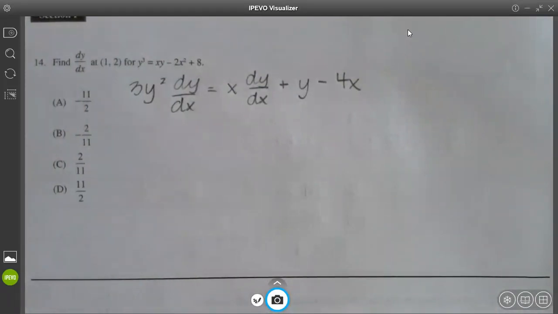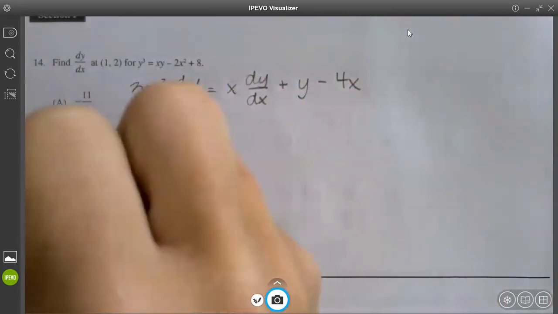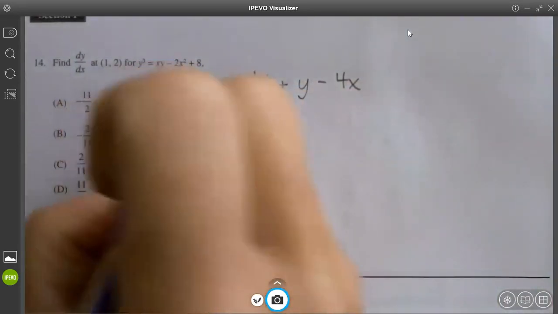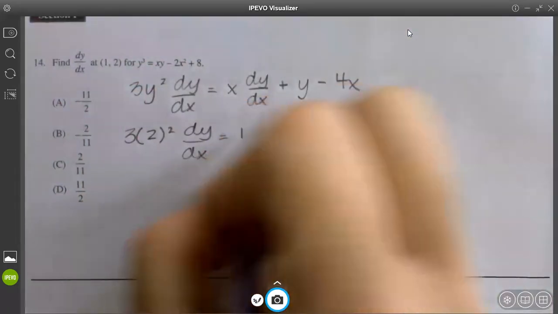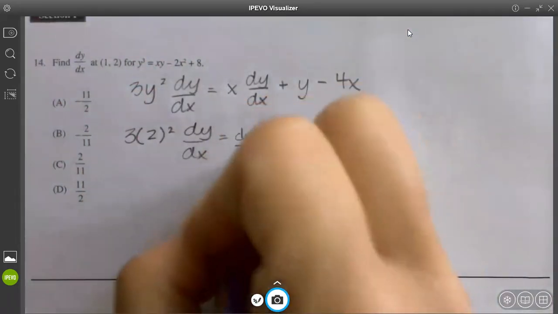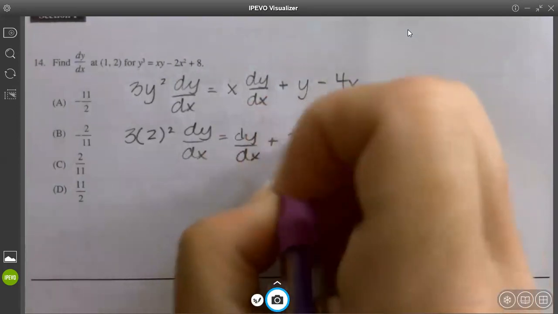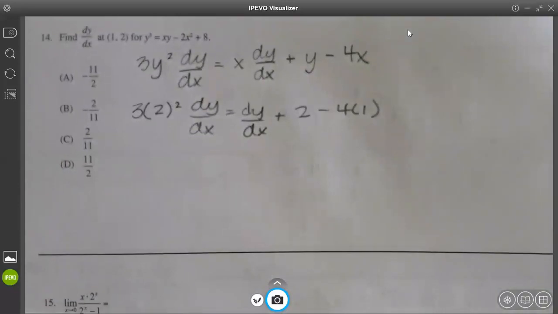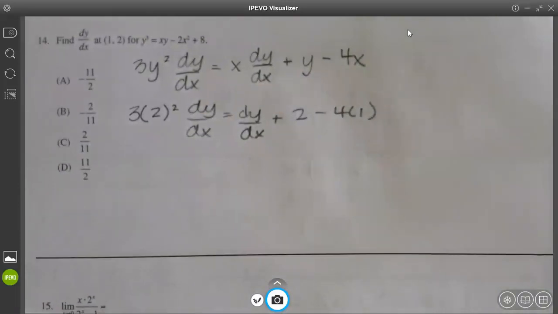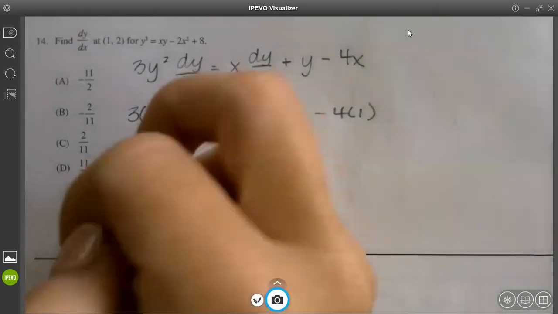I went ahead and plugged in because it's easier for me to plug it in than to look at all those variables, okay? So what is your y? 3 times 2 squared dy over dx. X is 1, so this is just dy over dx. Y is 2, x is 1. 2 squared is, times 3 is 12.